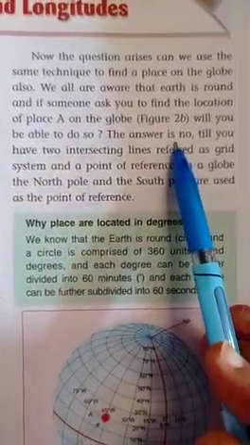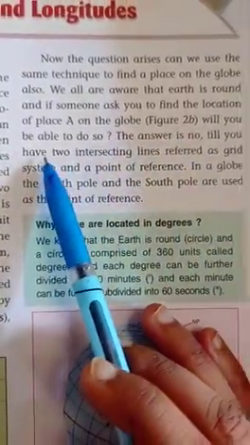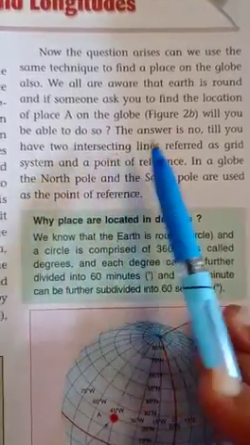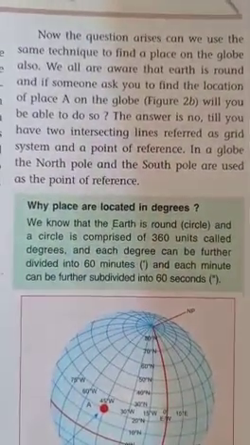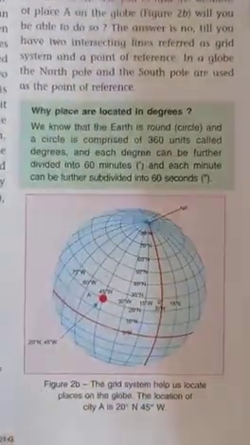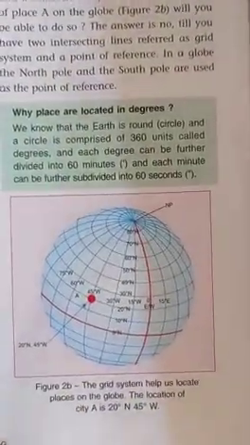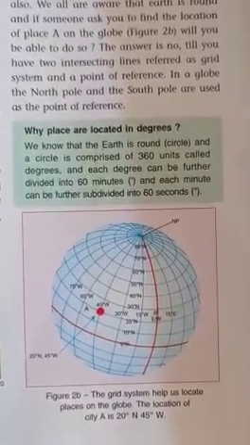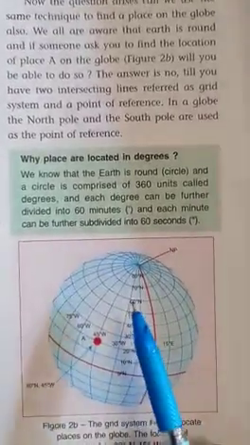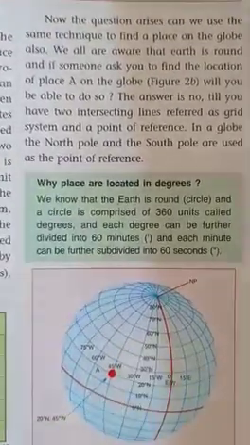The answer is no. So you have two intersecting lines referred to as a grid. This is a grid. The grid system helps us to locate places on the globe, and the location of a city can be found with the help of the grid system.